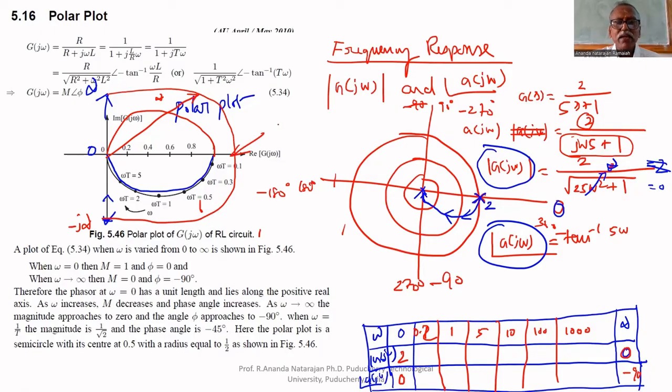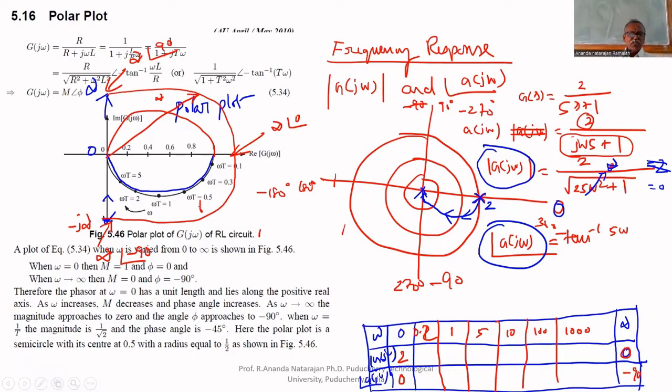What is the magnitude here? Infinity. What is the angle? 0. I take another coordinate here. The magnitude is infinity, and the angle is minus 90. Here I take one more coordinate: infinity, and the angle is 90.